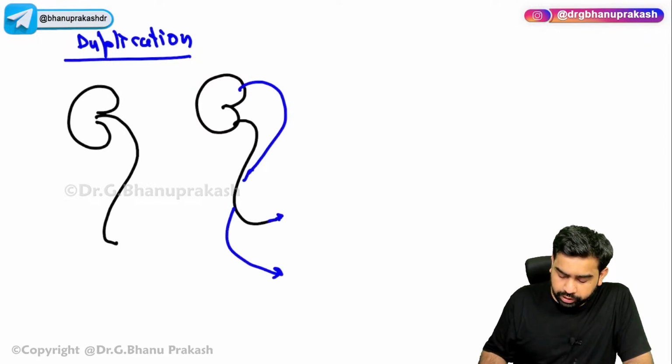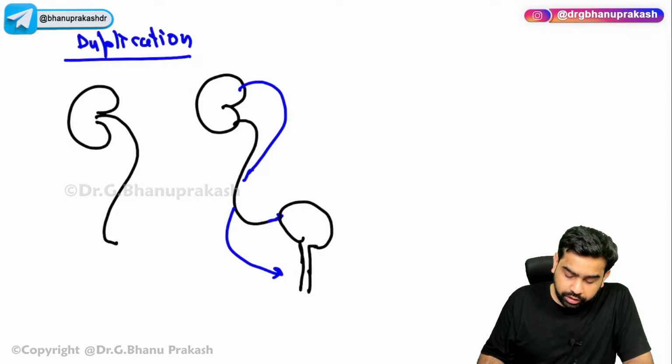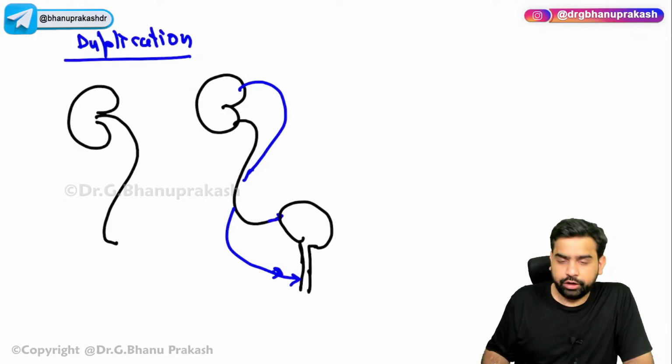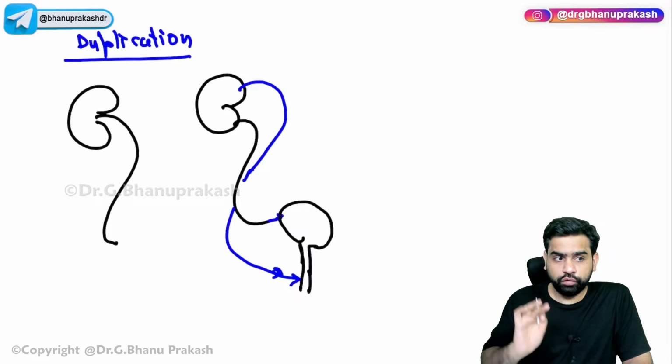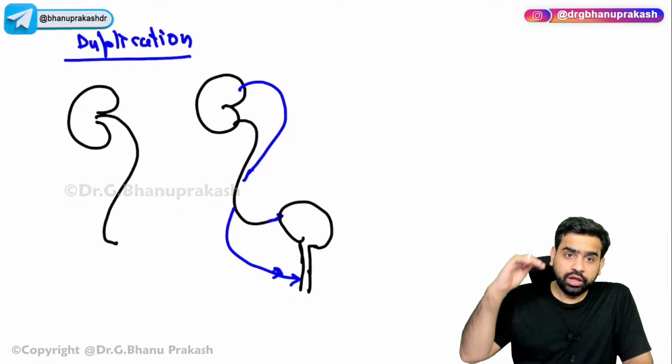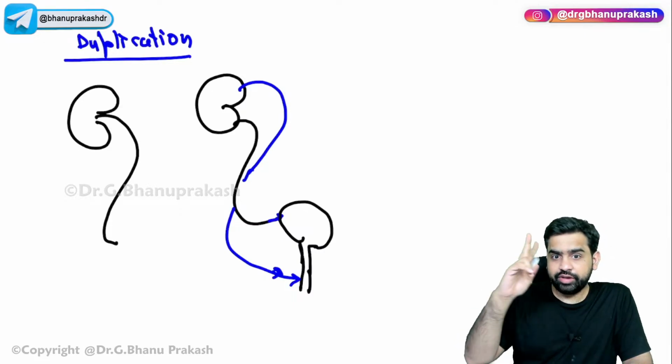You understand my point? The ureter draining the lower pole opens into the bladder, and the ureter draining the upper pole is ectopic. I hope you're able to understand. So the duplication of the ureter means that one kidney is drained by two ureters.